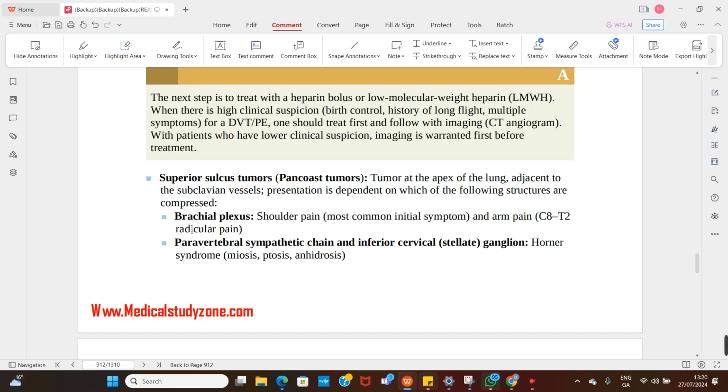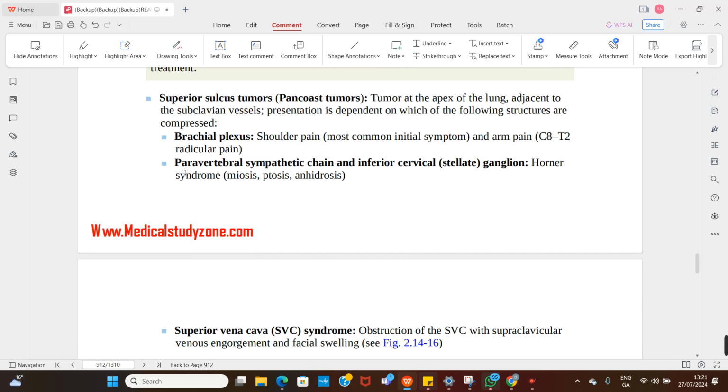The first one you don't want to forget, the brachial plexus. Brachial plexus comes from the neck, so definitely, it can be compressed, particularly the lower part, your C8 to T1 component. And the first symptom you are going to see the question pointing to is what? Shoulder pain. So somebody that has something that looks like lung cancer and is having shoulder pain and referred pain to the arm, think about brachial plexus compression.